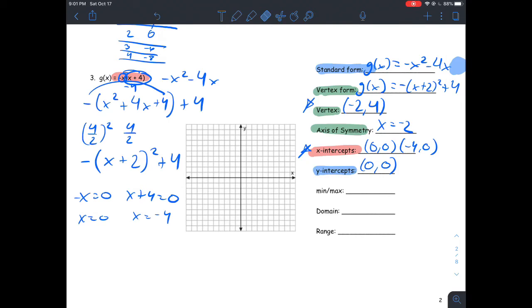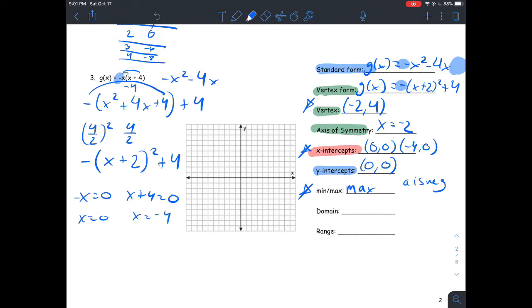Now I want you to look at this function. Look at the a value. Is there going to be a minimum or a maximum here? There is going to be a maximum, and the reason for that is that a is negative. You see that here? We got negative, negative, negative.